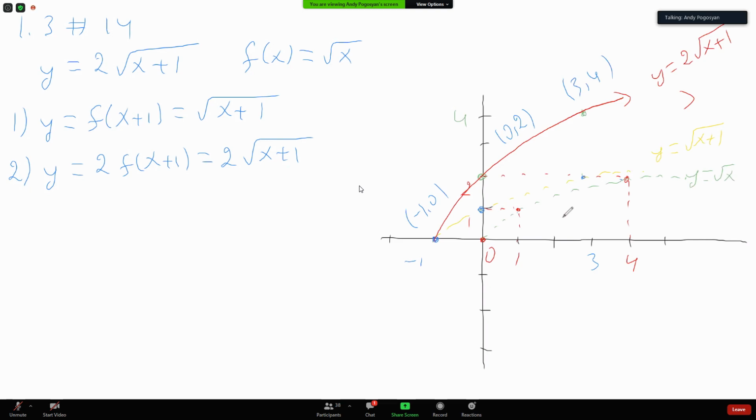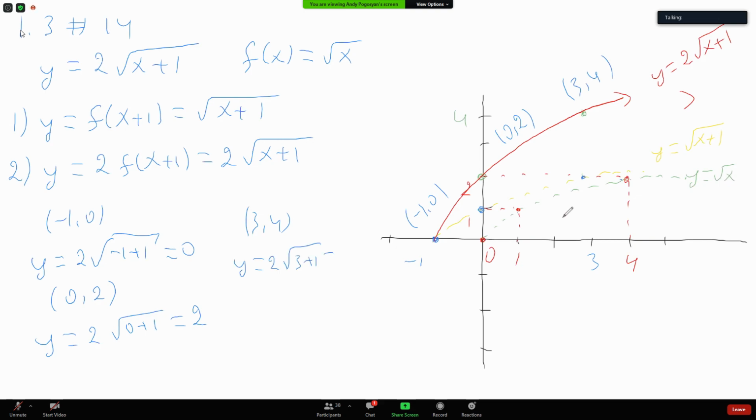Now let's check if we got it right or not. So negative 1, 0. So y equals 2 times square root of negative 1 plus 1 equals 0. Correct. Then I have 0, 2. So y equals 2 times square root of 0 plus 1 equals 2. Correct. Then I have 3, 4. So y equals 2 times square root of 3 plus 1, which is 4.